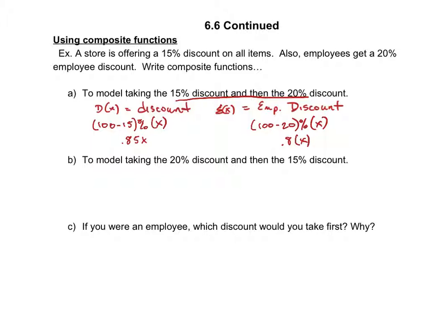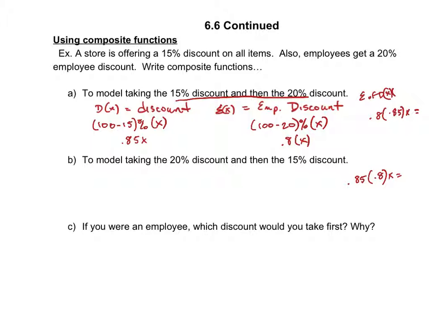Nope, my bad. We would find the employee discount, and either way when you do this, it's going to be 0.8 times 0.85x, and this is going to be 0.85 times 0.8x.